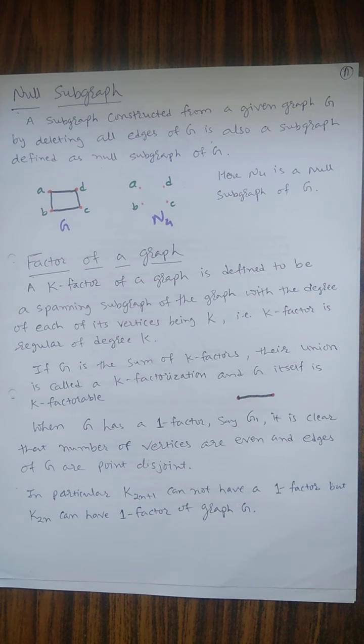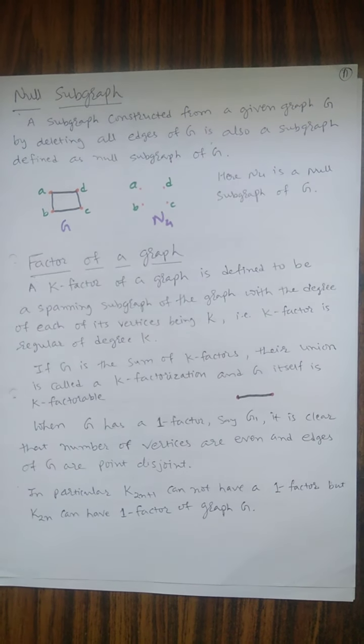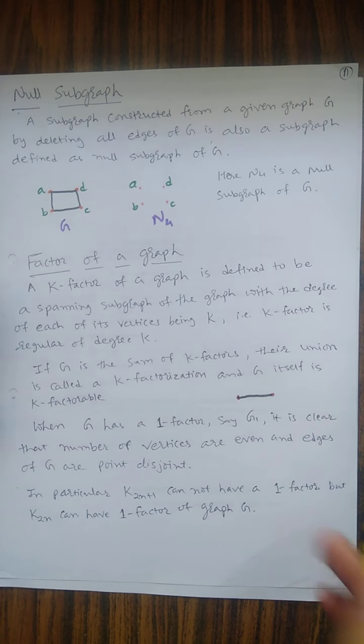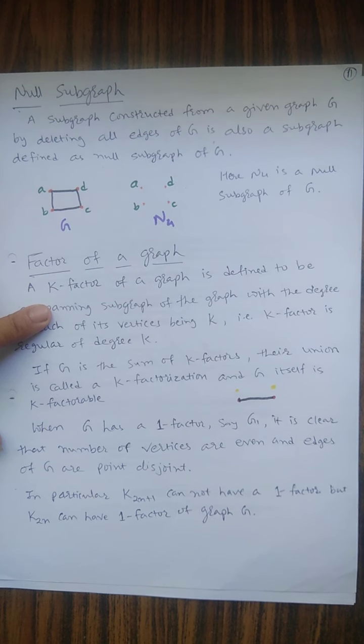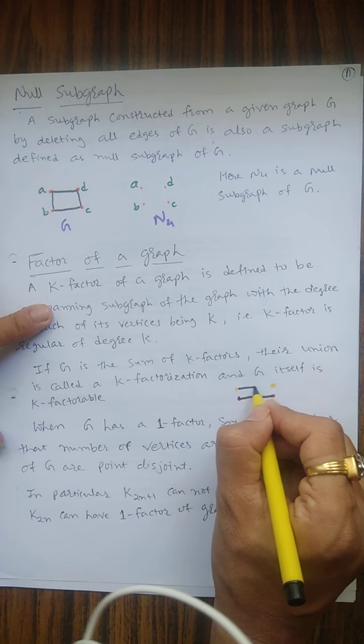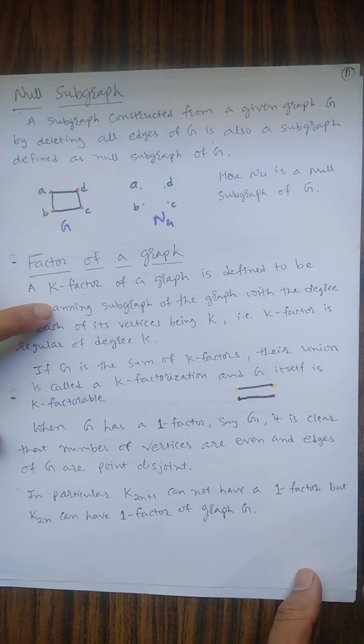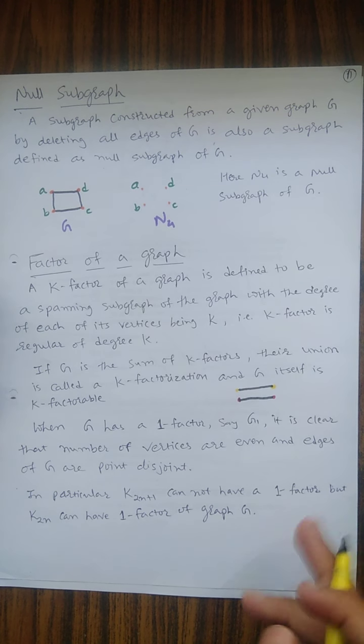So we can say that if a 1 factorization is given, then it has an even number of vertices, and all the other points are disjoint. These 2 points are disjoint from the other 3 points. If I draw another 1 degree factor in the same graph, you can see that there are 2 factors of degree 1 in the same graph.